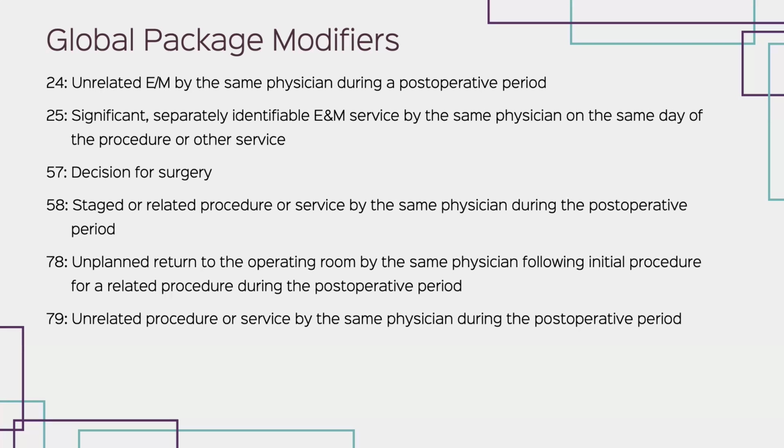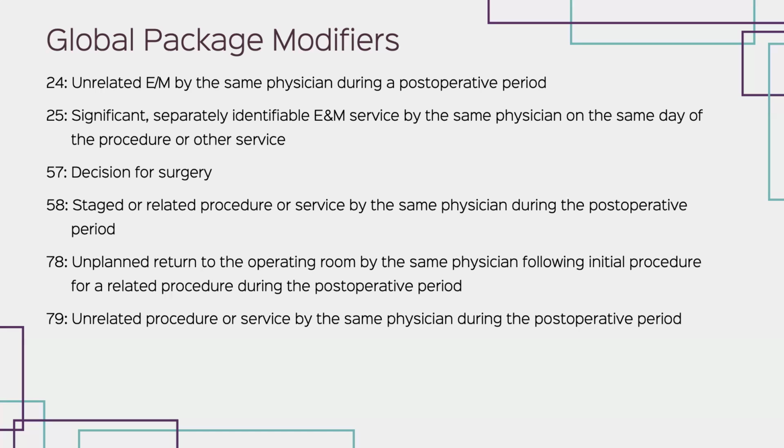Your modifier 25 is going to indicate a significant or separately identifiable evaluation and management service by the same physician or other qualified healthcare professional on the same day of your procedure or service.